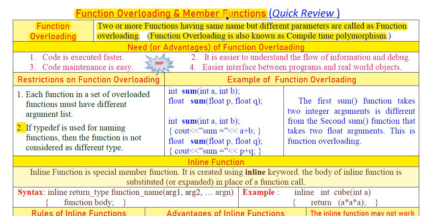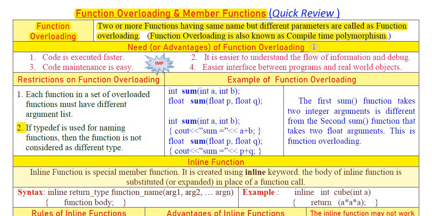Okay, then next topic is need or advantages of function overloading. So in examination sometime it will ask, write what are the need of function overloading or what are the advantages of function overloading. So both mean same, you have to write the same.